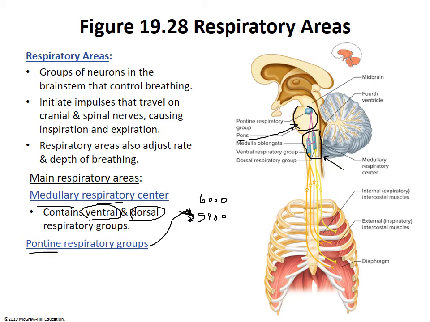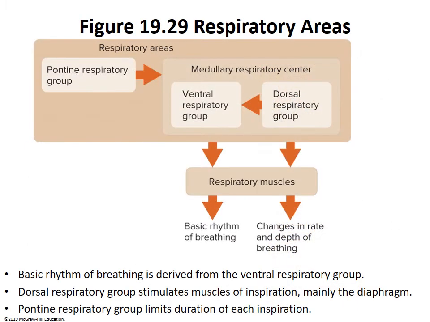Now the ventral and dorsal group we're going to talk about a little more on the next one here. So this little flow chart, the pontine group is setting the upper limit. That's why it's here. The ventral group is controlling the normal rhythm of breathing, the basic rhythm of breathing.